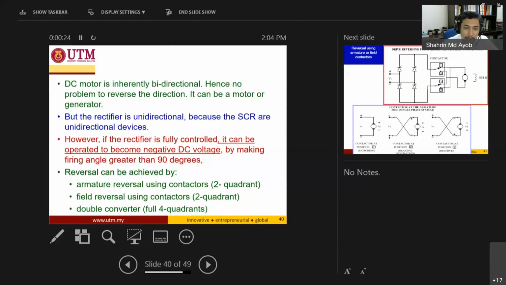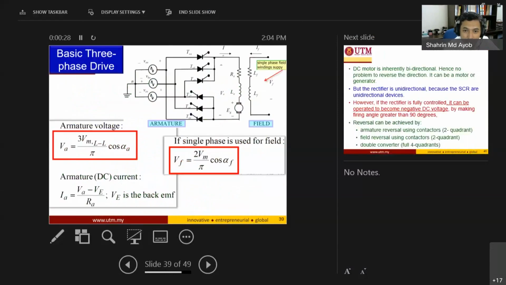So I think we already know about the four quadrants operations and how the limitation of the rectifier circuit limits the operation of the motors.